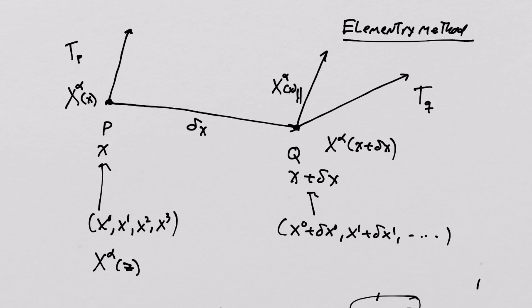The first thing that comes to mind is you could think about how the vector that the vector field puts at Q compares with the vector that the vector field put at P. And the way you can compare them is you can compare this vector with this parallel vector, and you could say, for example, if x at x plus delta x, if this vector here was equal to that vector, you could say that this vector field has no derivative in this direction.